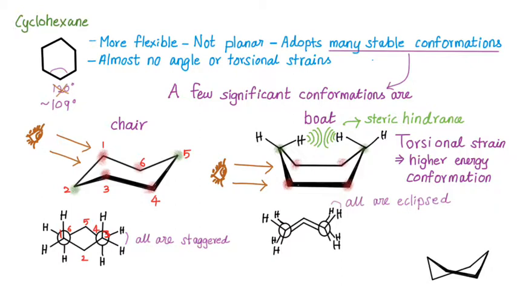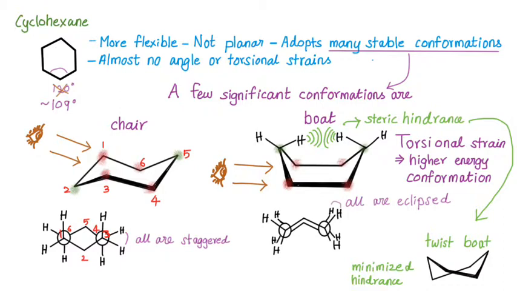So this carbon will go into the plane. This carbon will come out of the plane in order to avoid this steric hindrance, which will give a new conformation called a twist boat. Again, there are an infinite number of conformations, but here are some significant ones. So this will minimize the steric hindrance.